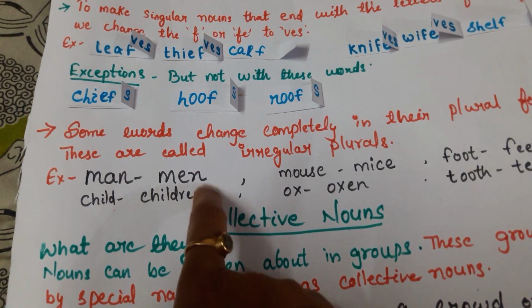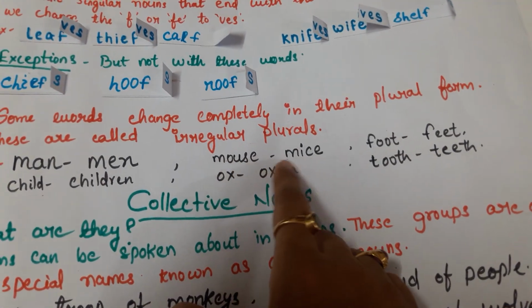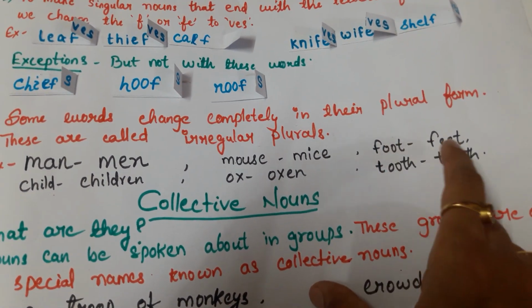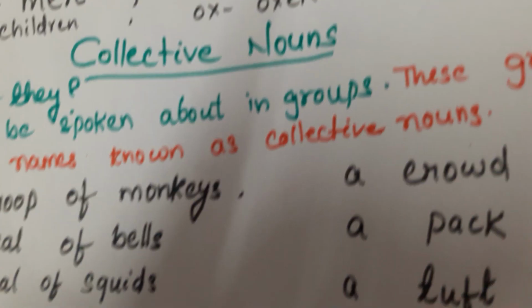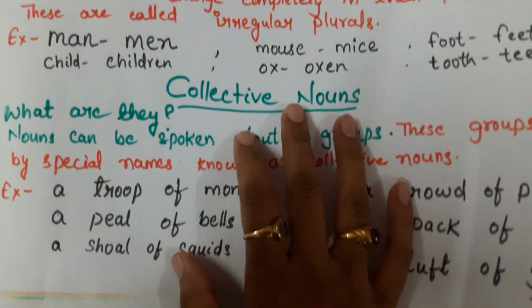We add ren to it. So the complete word changes. Mouse becomes mice. Ox, oxen. Foot, feet. Tooth, teeth. Okay, now I hope it's clear to you.